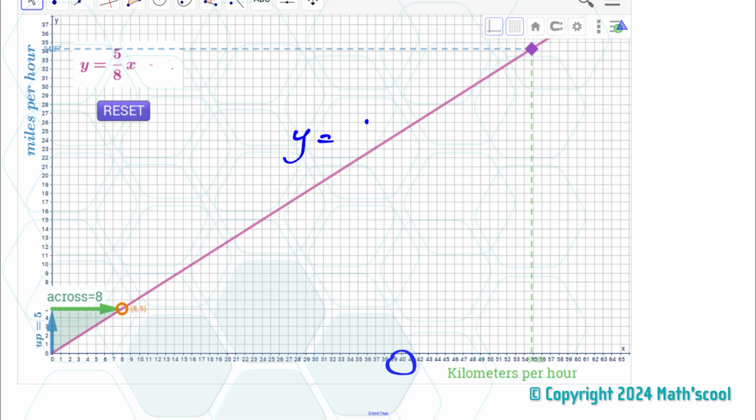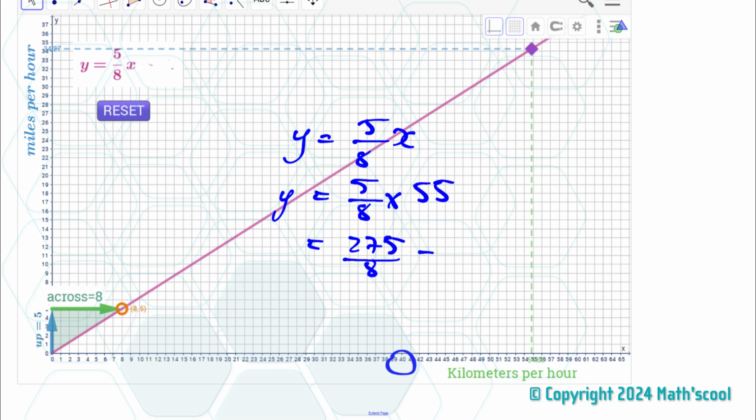So y equals 5 over 8 times x. Y equals 5 over 8 times 55. And so that's going to give us 275 over 8, which would be 34 and 3/8, or 34.375.